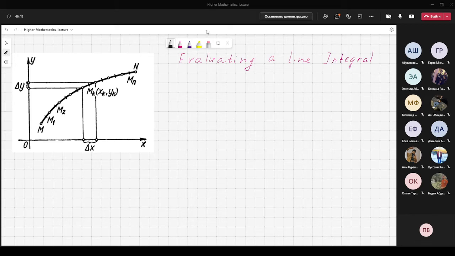In this section, we shall make more precise the concept of the limit of the sum.